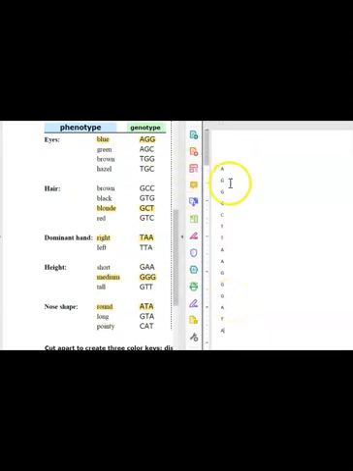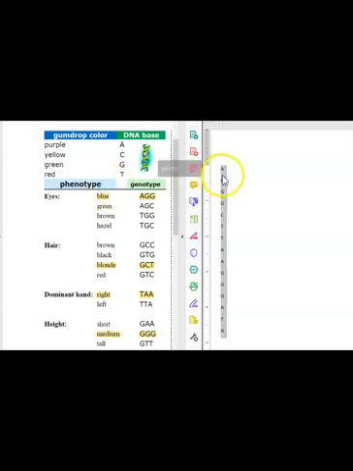So if you look, this is our entire genetic code for our DNA, based on our height, hair, eyes, etc. And if you remember, all of our DNA is a code for our personal characteristics.